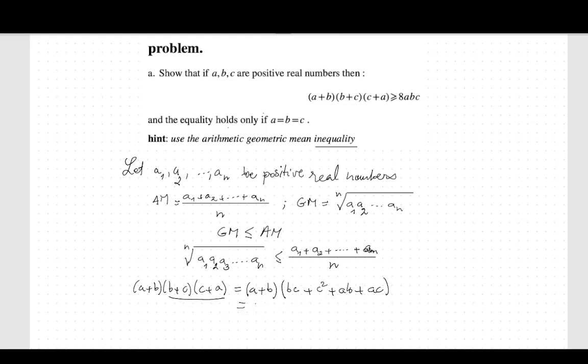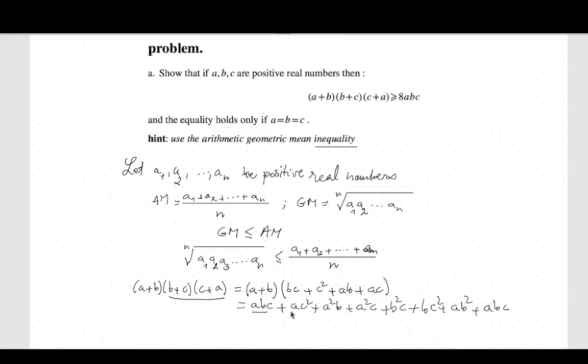So we get abc plus ac squared, plus a squared b, plus a squared c, plus b times bc, b squared c, plus b times c squared, bc squared, plus b times ab, ab squared, plus b times ac, that's abc again.